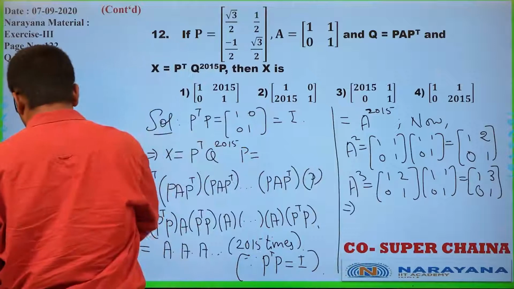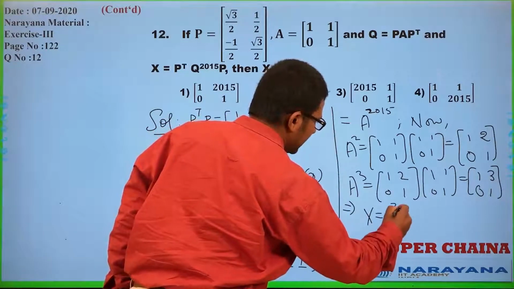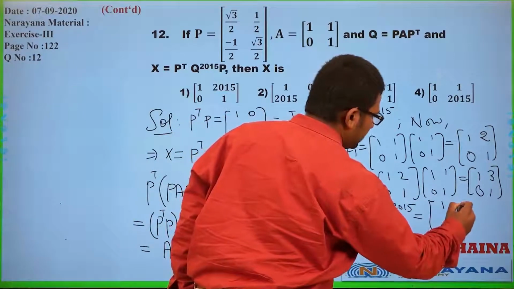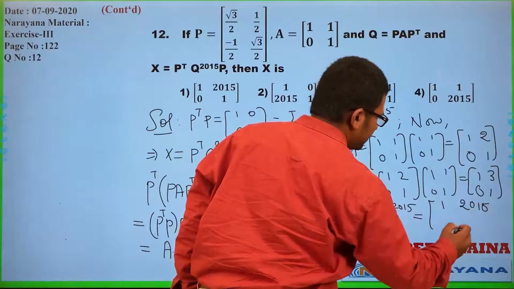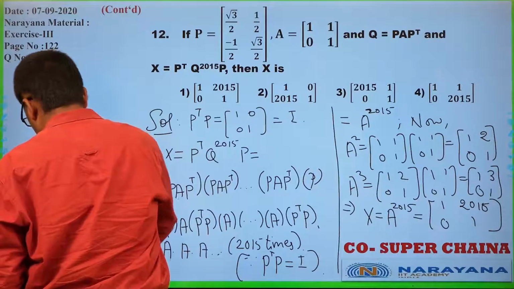So we will say x, which is A raised to 2015, would be what? 1 2015 0 1, right?